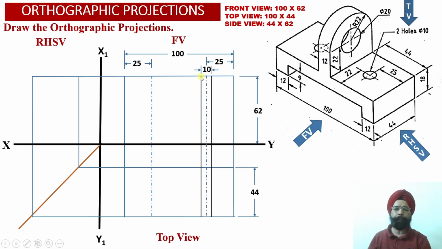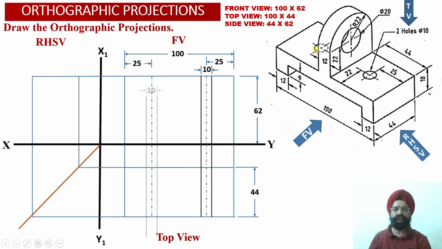So here we have obtained two black vertical projector lines corresponding to the diameter of this hole into this horizontal web over here in the front view projections, and these two vertical black projector lines we have appropriately extended into the top view projections as well.